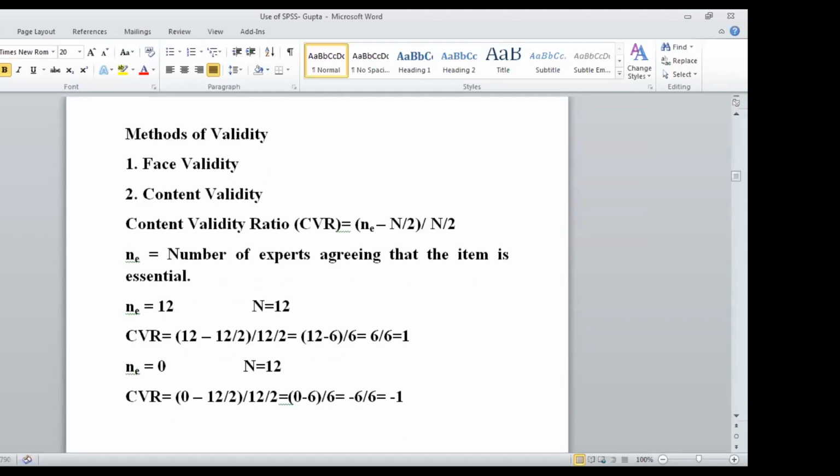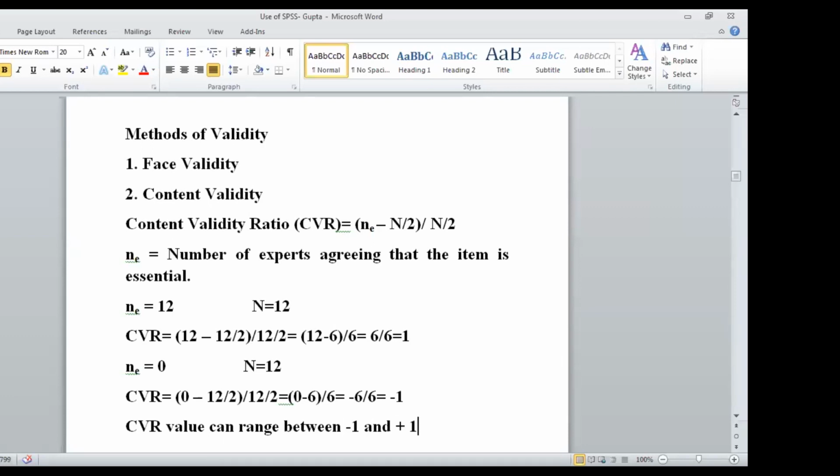So the CVR value can range between minus 1 and plus 1.